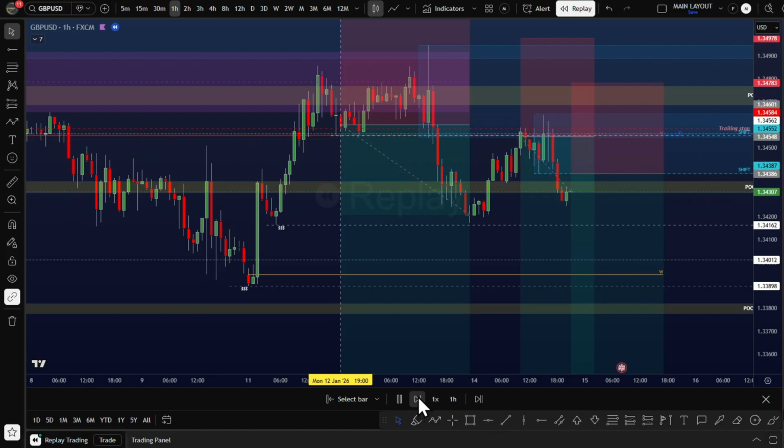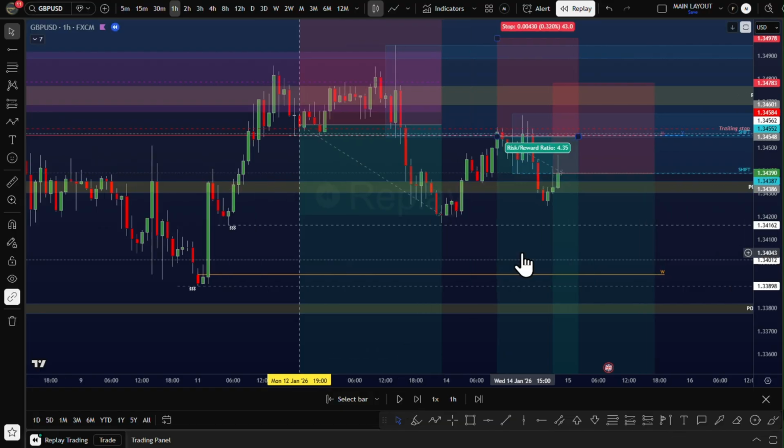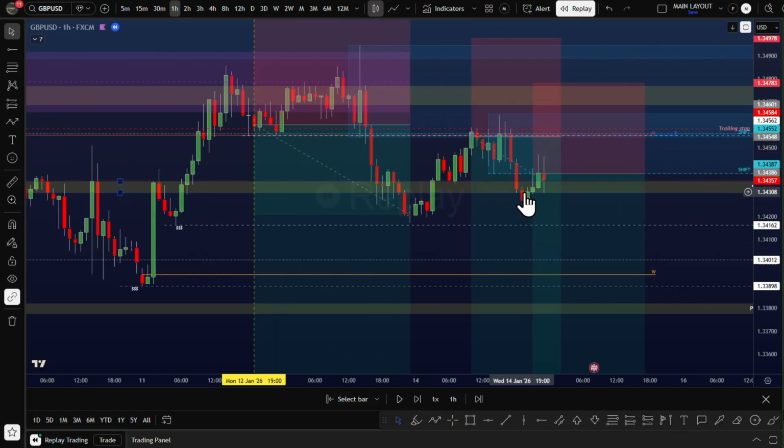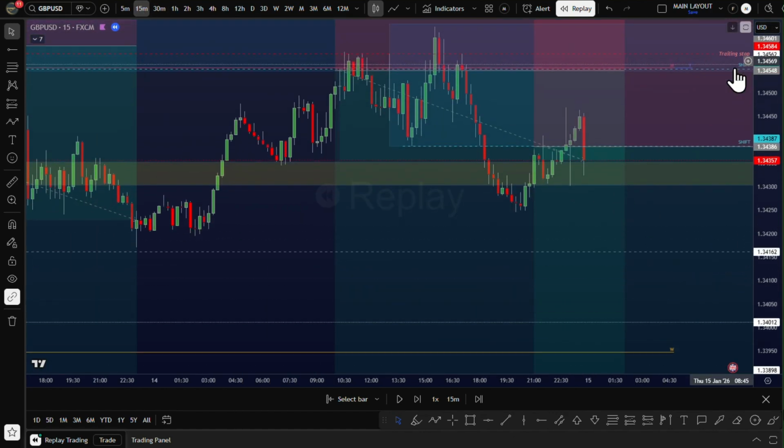I have another entry. You can see we broke the 15-minute structure, and I waited for price to return to this order block. I put another entry.